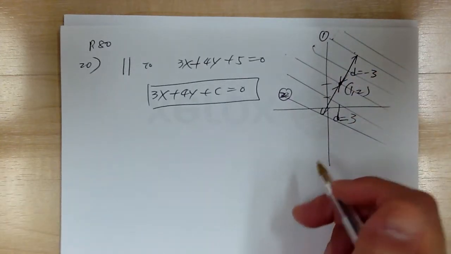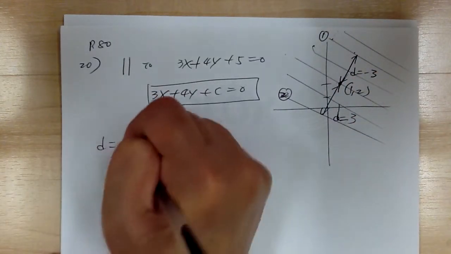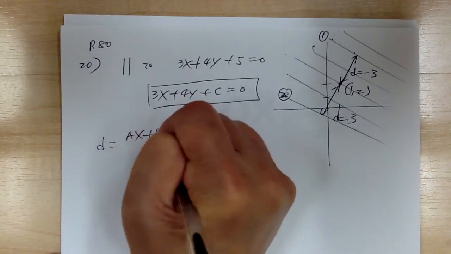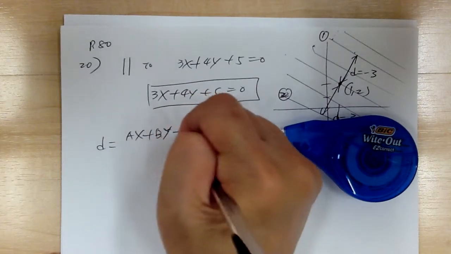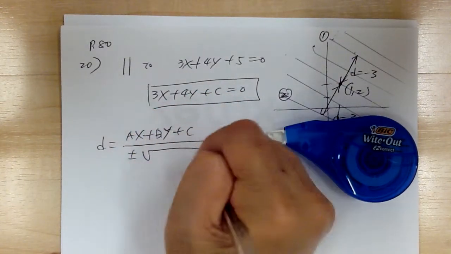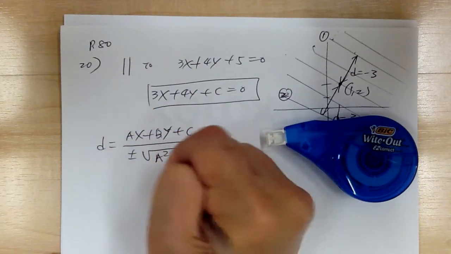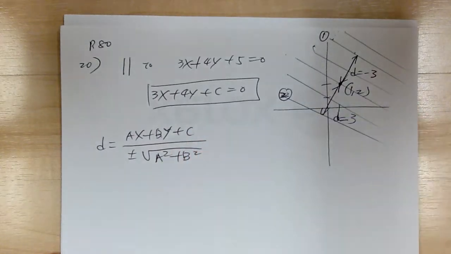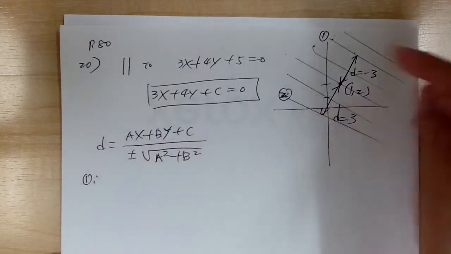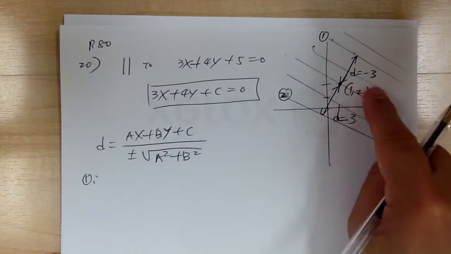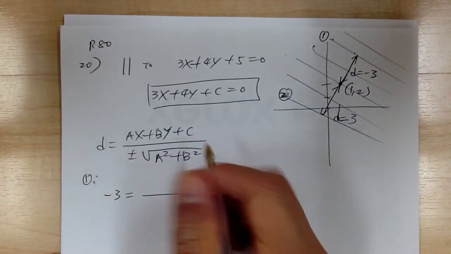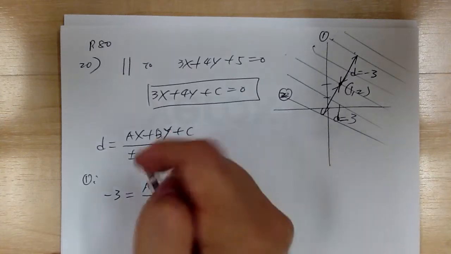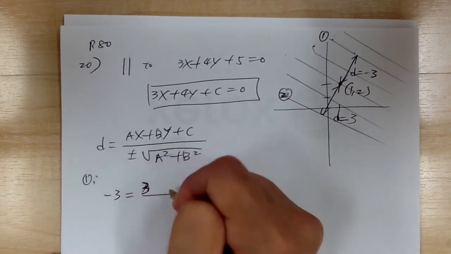So you can write down your distance formula. I'm going to do the first one first. Equation 1: the point is below, so the distance is negative. You're looking for a distance of -3.